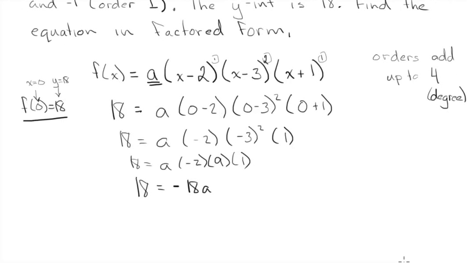To solve for a, you would divide both sides by, sorry, by negative 18, meaning a would be equal to negative 1.